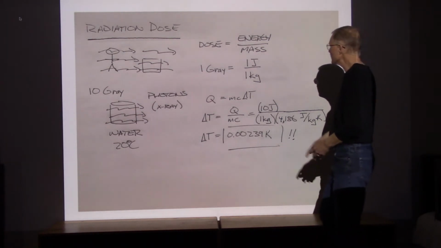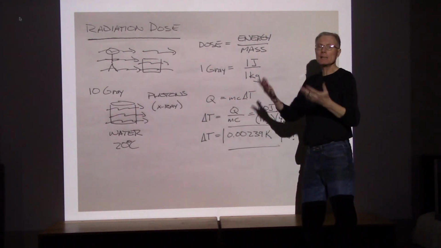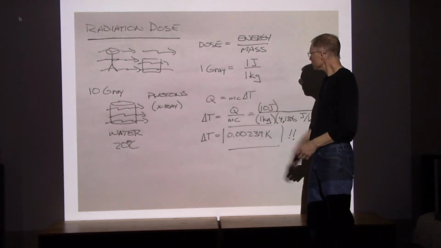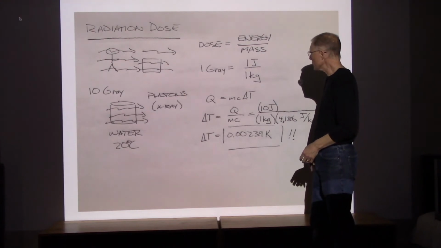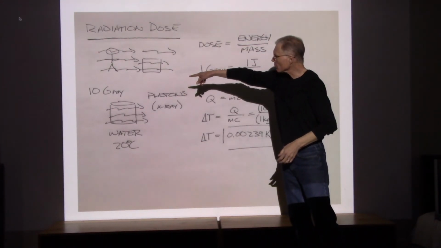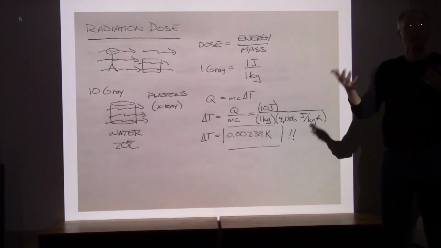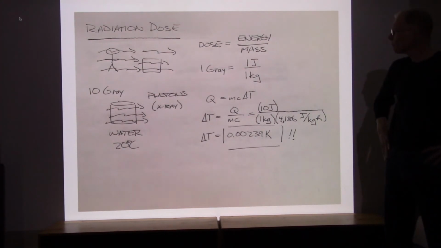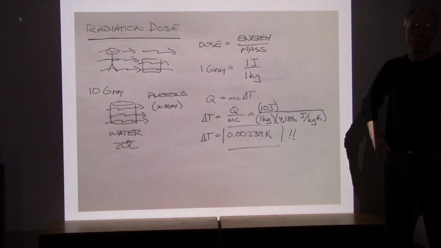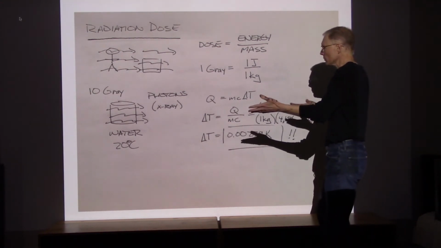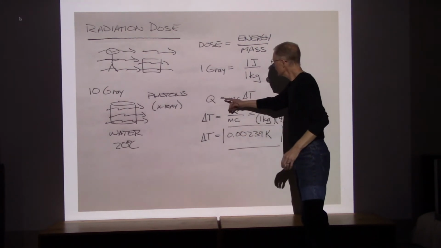What we're saying is there's a certain amount of heat transferred into the water. And what I want to know is, is this 10 gray exposure, this lethal dose of radiation, going to be enough to heat up the water to a useful temperature to make some coffee or tea or something?